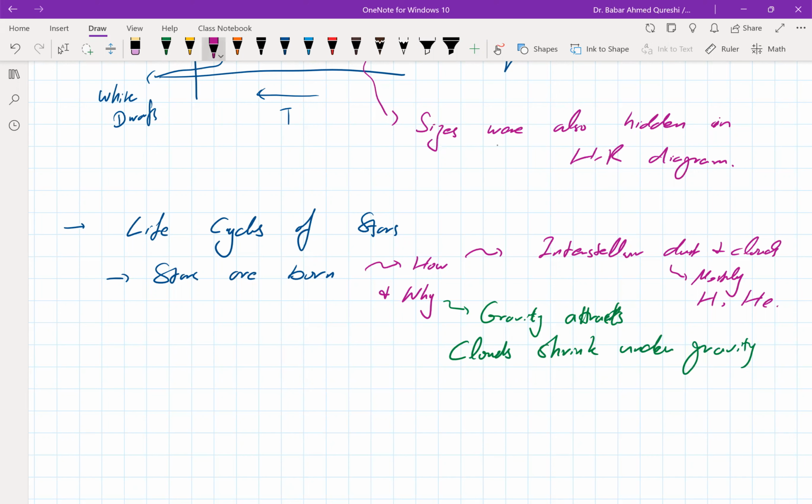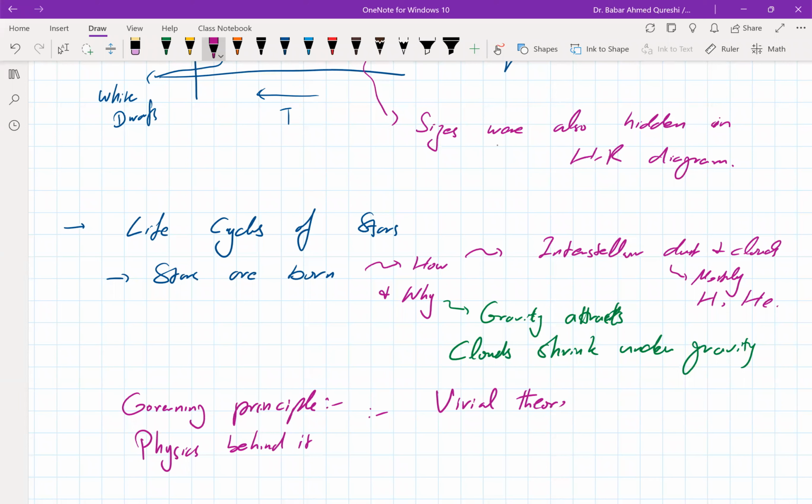And the governing principle over here, which you can also say the physics behind it, was the virial theorem, which is just a form of the third law of Kepler.